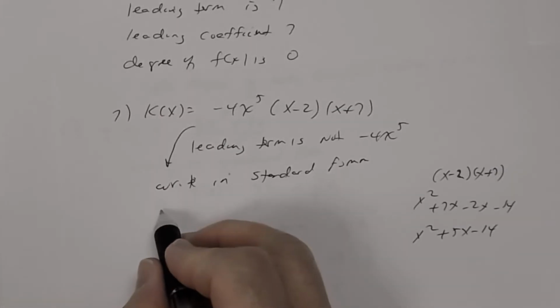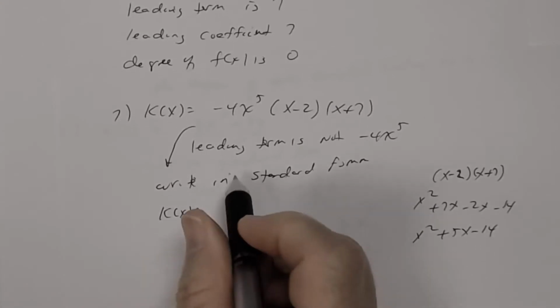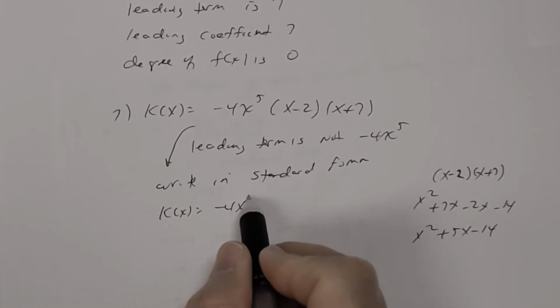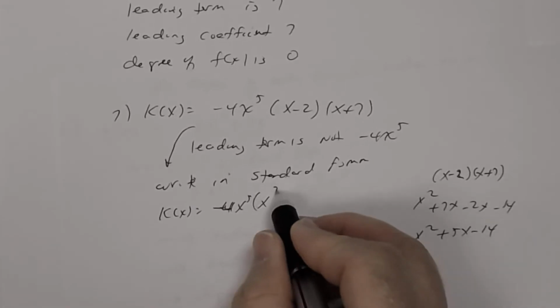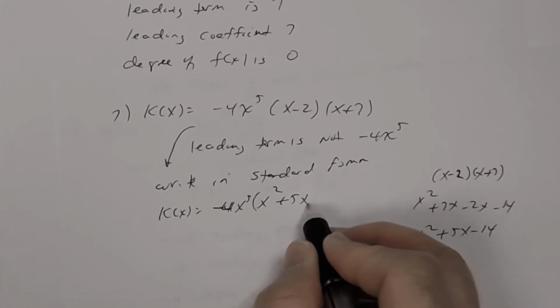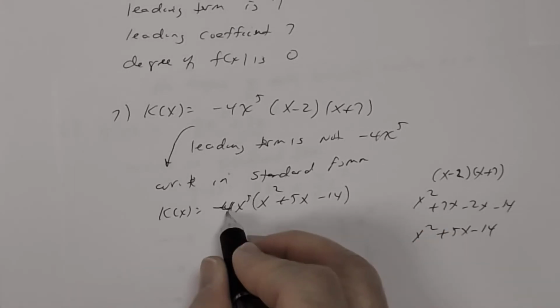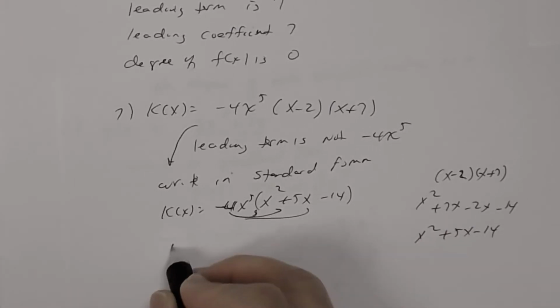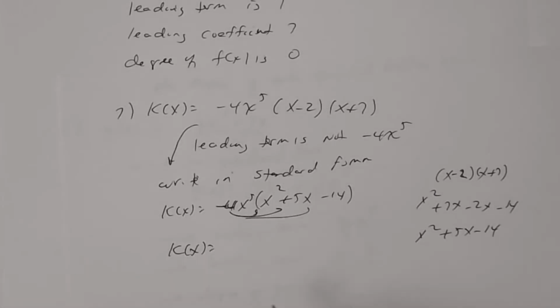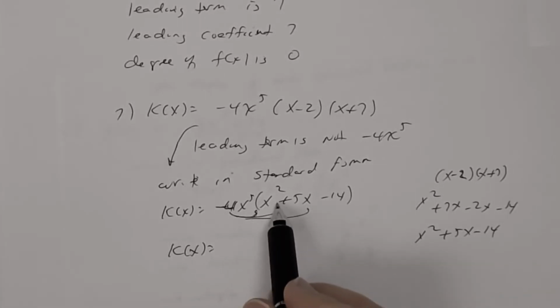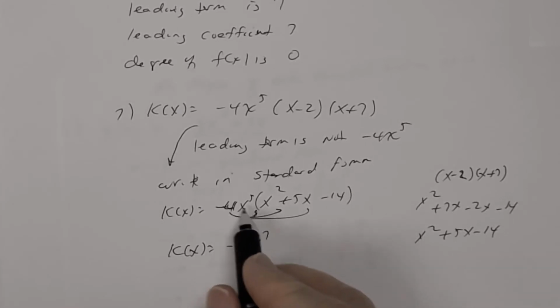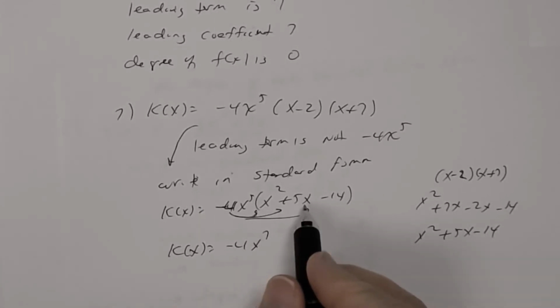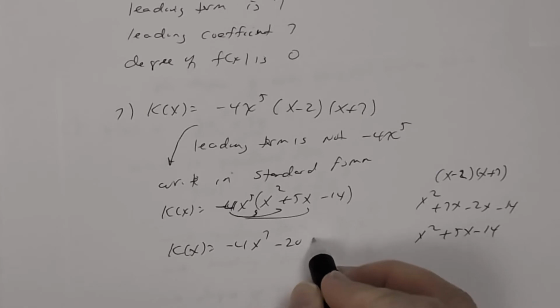So watch. So k of x equals negative 4x to the fifth times this trinomial, x squared plus 5x minus 14. And then I distribute. And so k of x will equal, all right, negative 4x to the fifth times x to the second is negative 4x to the seventh. Negative 4x to the fifth times 5x is negative 20x to the sixth.